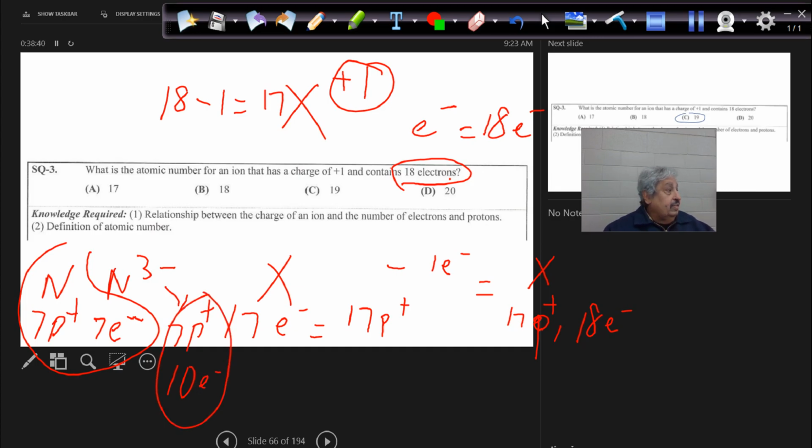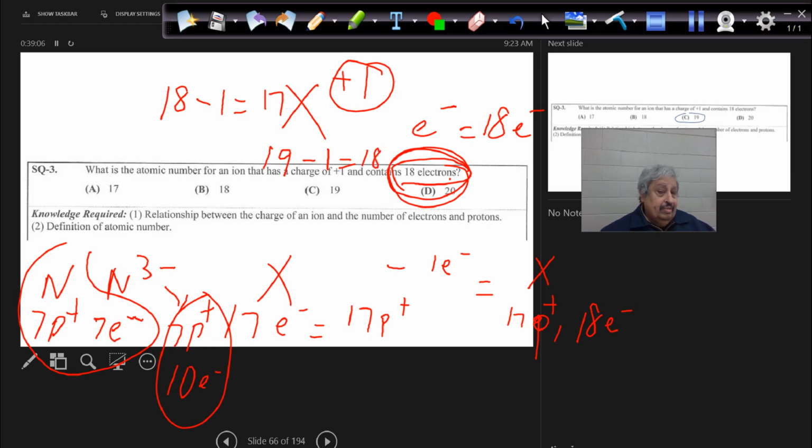Okay, guys? This X, we don't know. They said the answer is 19. Oh, okay, I see. Their answer is correct. Ours is not correct. 19 minus 1, because the end result is 18 electrons.